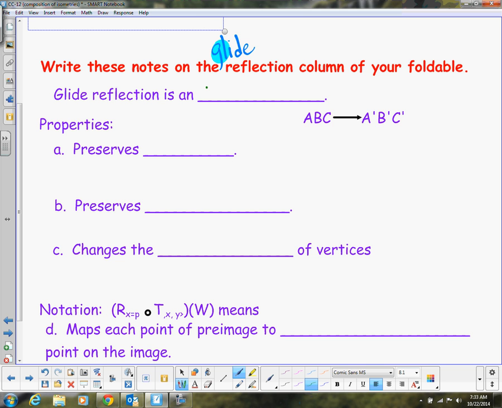Glide reflection is, actually this is our last one, by the way. The next one will not be. All right, I bet you can fill in this blank. Length. Next one. What kind of measure? Angle measure.